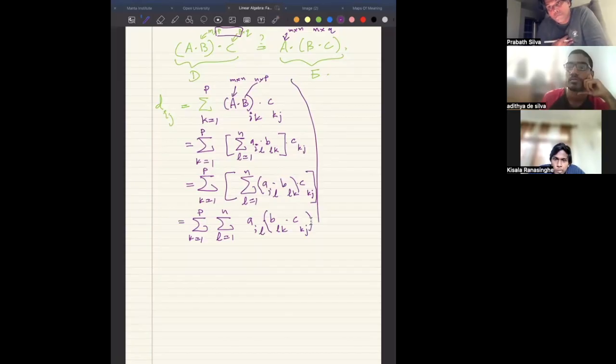Okay. Now we switch these summations. The reason for that, I mean, this is a double sum.